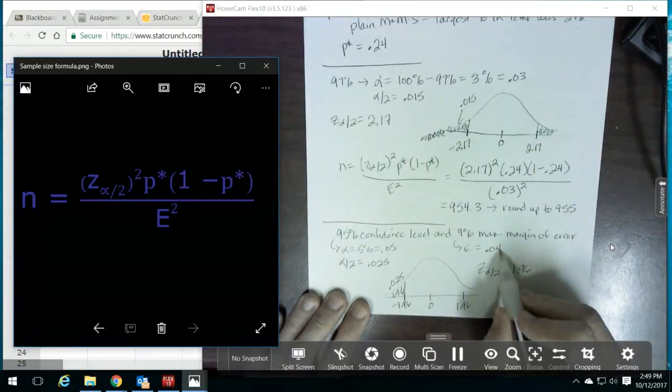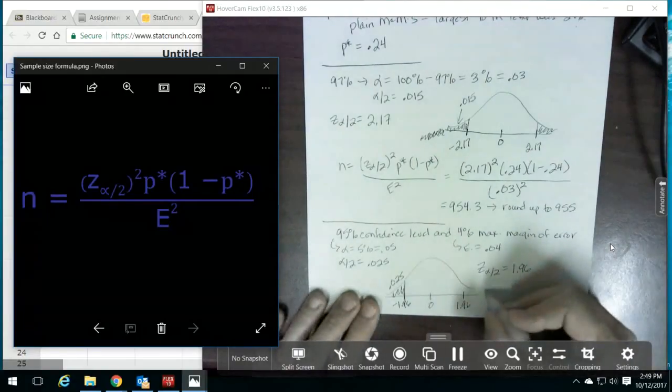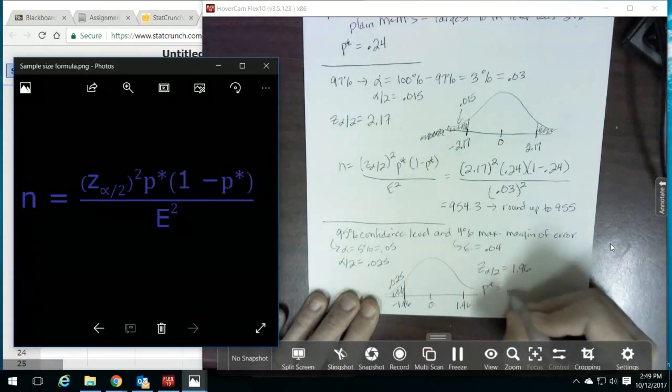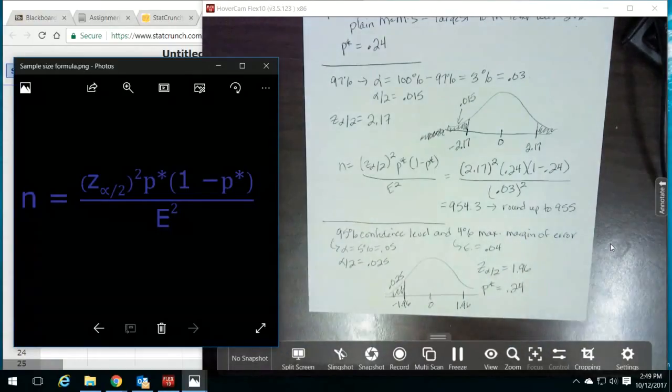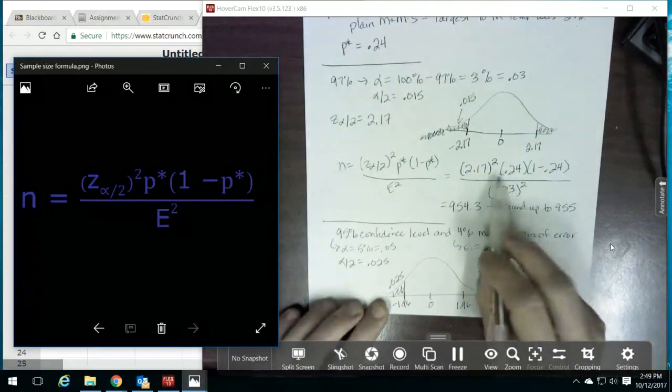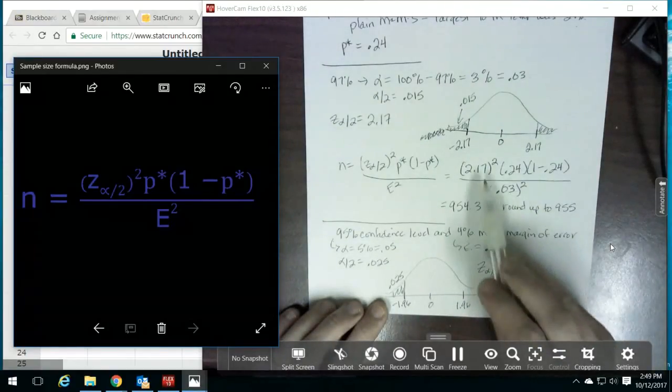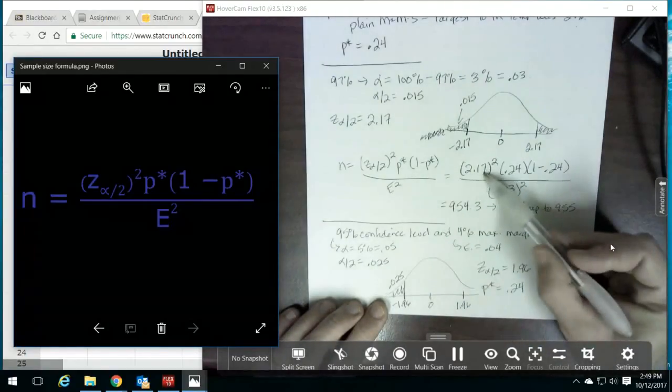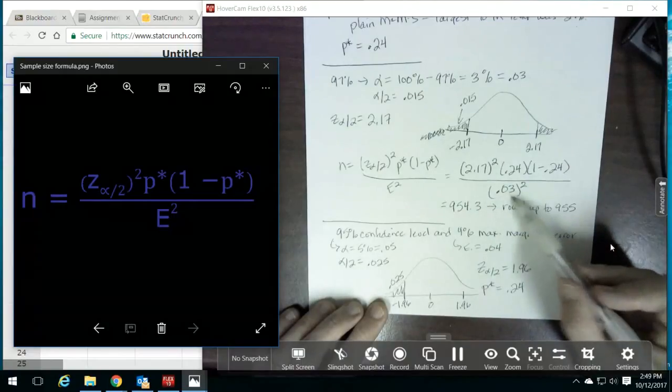My E is 0.04. I'm still using 0.24 for the prior estimate. Okay, so I'm going back to this formula and I'm changing these two things. So I'm changing this to a 1.96 and I'm changing this to a 0.04.